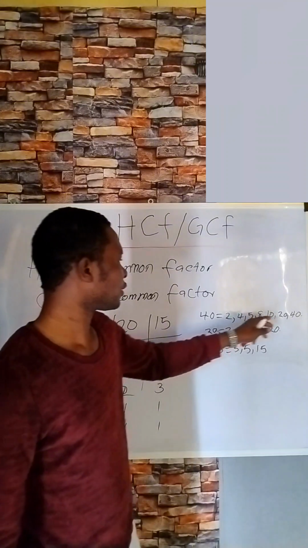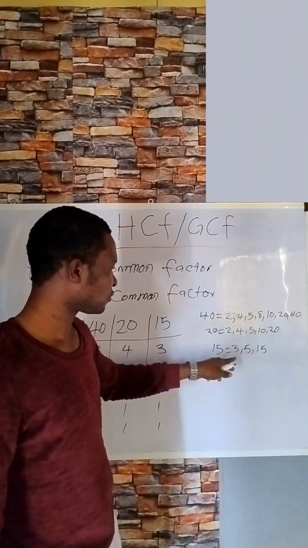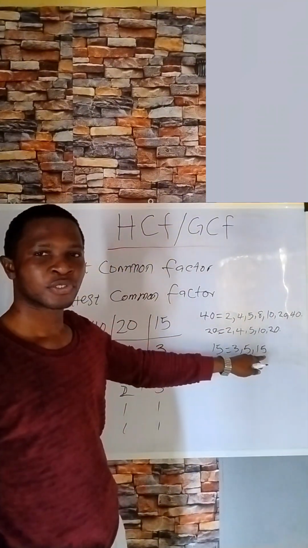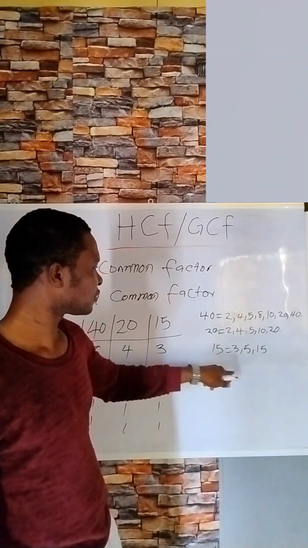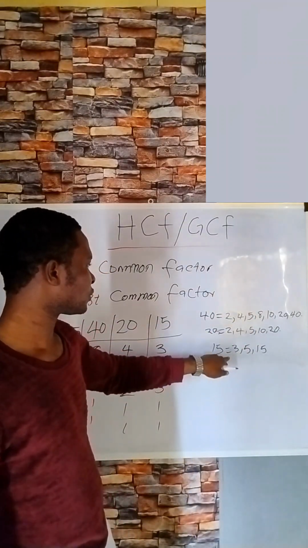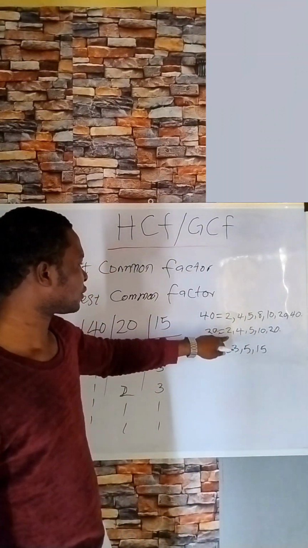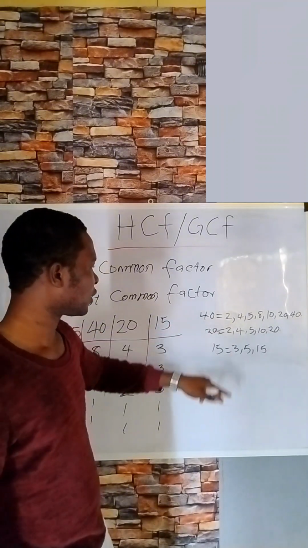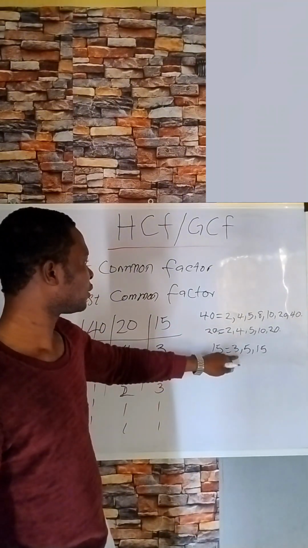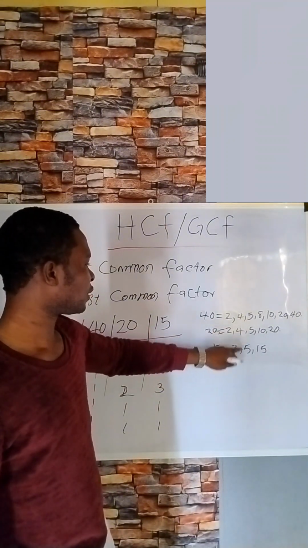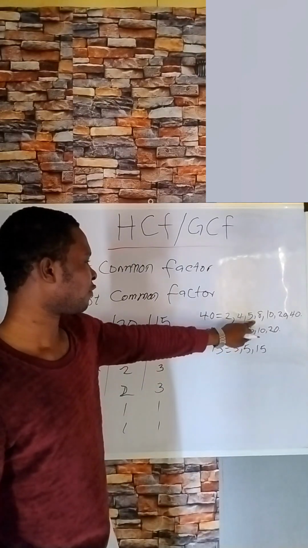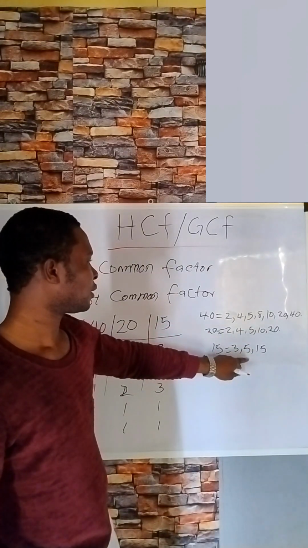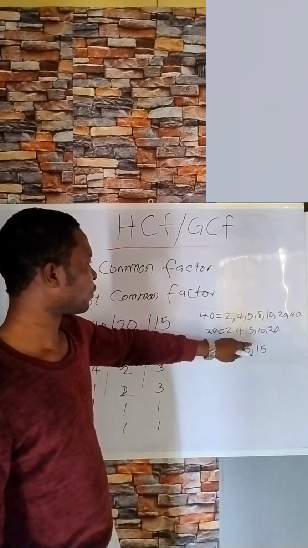So check all these factors. Which one do they have in common? They have 2 in common here, but not here. They have 4 in common here, not here. The 3 of them have 5 in common.